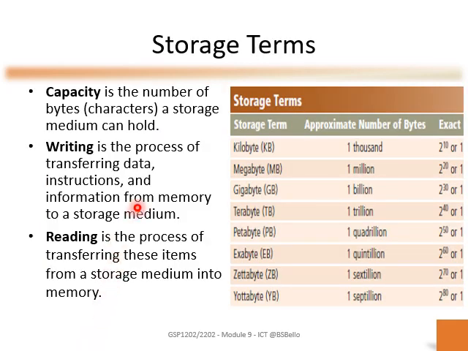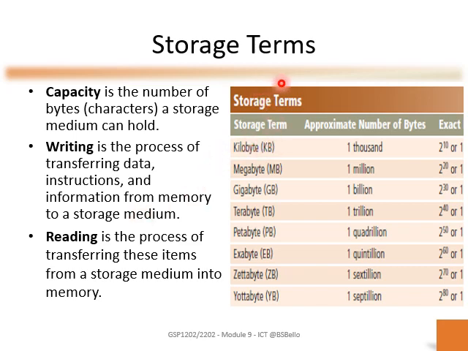Storage capacity. You have heard about the words 1 gig, 2 gig, 3 gig, etc. This defines the capacity of your storage media. The capacity of the storage media is the number of bytes, which means the characters, that a storage media can hold.